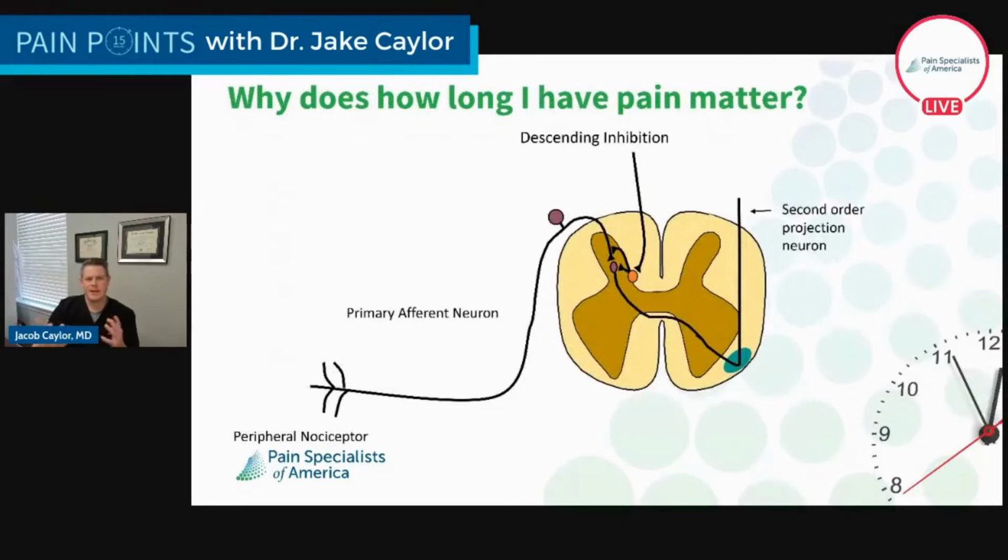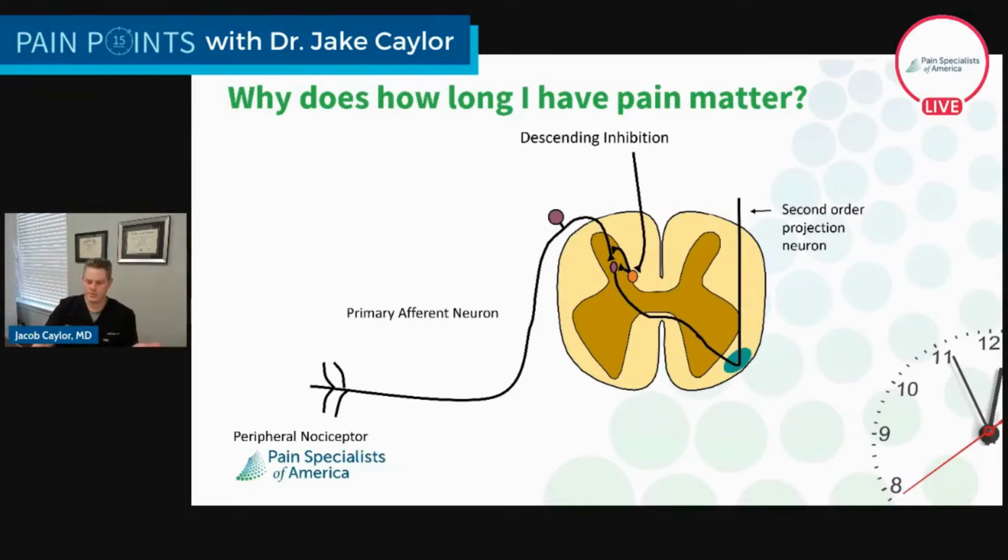And so why does it matter the length of time that you have pain? Well, we talked last week about how nociceptors carry pain information into the spinal cord. Those go up to the brain through this second order projection neuron. There's this little thing called an interneuron, and your brain has the ability to control this information through descending inhibition. Well, what happens if we wait too long?